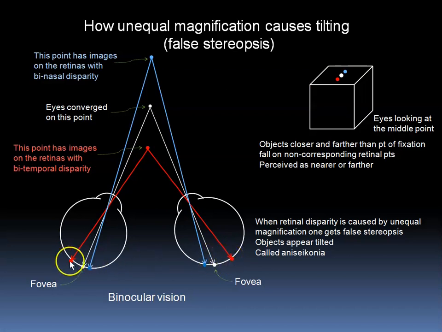We call this bitemporal disparity. Points that are farther away have binasal disparity. It is possible that one can create such disparities using unequal magnification of images to each eye, in which case one would get a sense of false stereopsis.